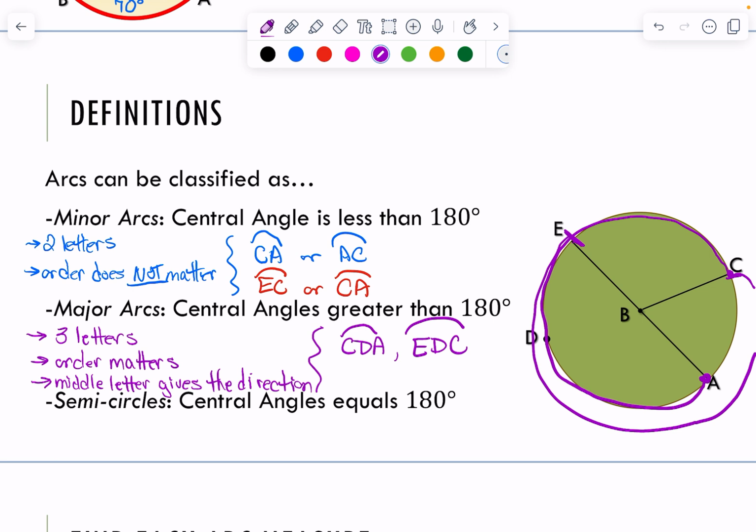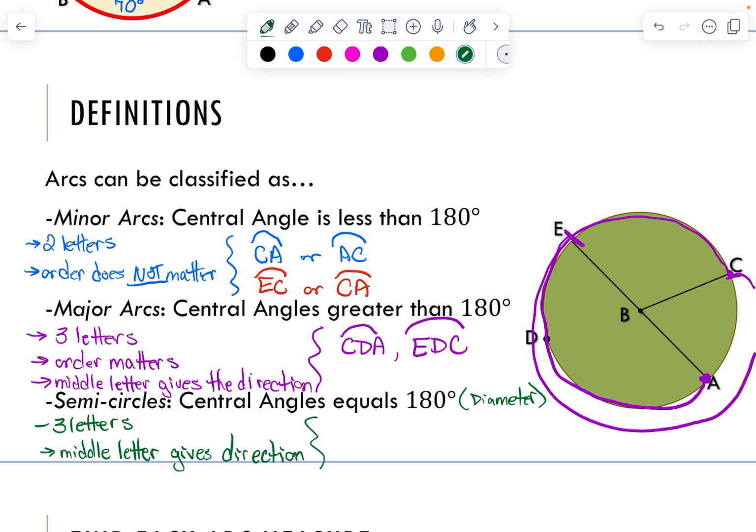And then the last one is what we call a semicircle. And those are central angles that equal 180 degrees. In other words, they have endpoints on the diameter. So here, again, we use three letters. And we use that middle letter to give the direction, so that we know which semicircle we're talking about.